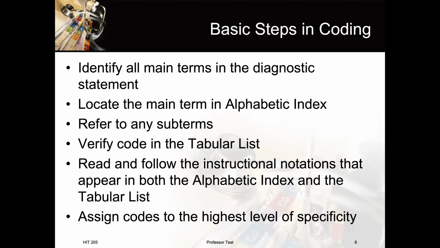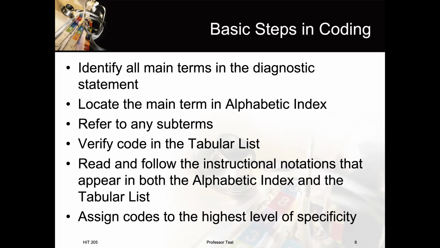The subterms form the individual line entries and describe essential differences by things like site, etiology, and clinical type, so the subterm really adds additional specificity. You're going to follow any instruction notes. In the alphabetic index, you might have an instruction note that says see or see also, and that's a cross-reference for you to go look elsewhere in the index. So always pay attention to your instruction notes.